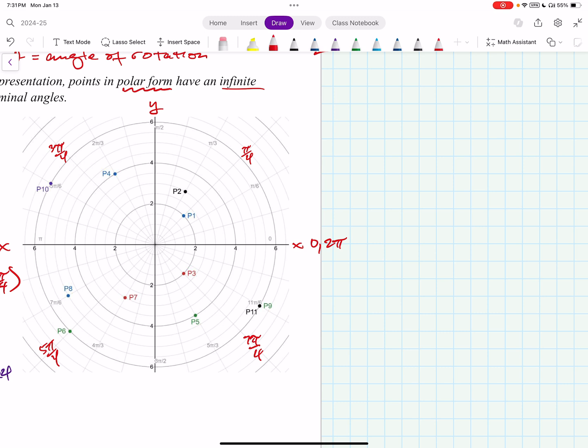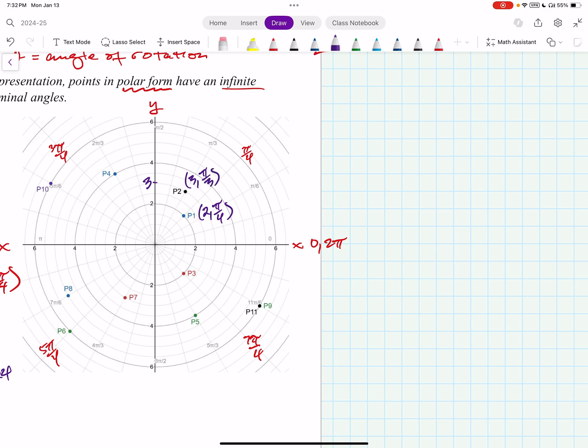Okay, so let's go to P1 here, point one. And point one is on the second concentric circle. So it's 2 comma something. And guess what? You're rotating pi fourths radians, so it's 2 comma pi fourths. So you just basically have to learn how to read the graph. Point two is on the third circle, but it's rotated pi thirds radians, so 3 comma pi thirds.